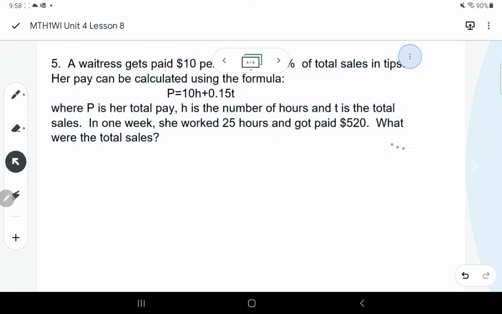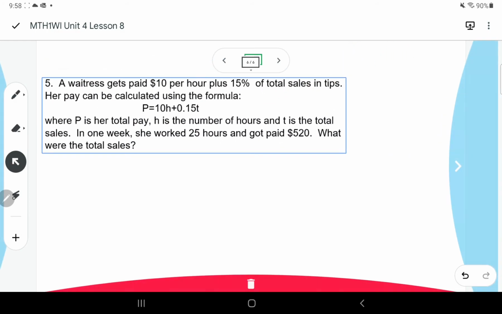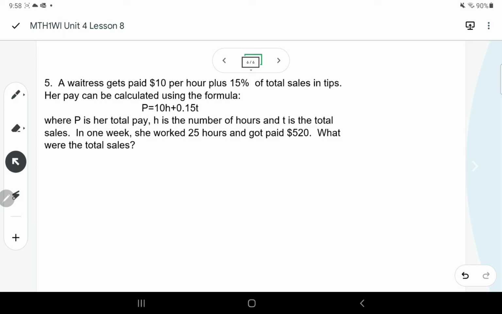Okay, last one in these examples. So a waitress gets paid $10 per hour plus 15% of total sales in tips. Her pay can be calculated using this formula.